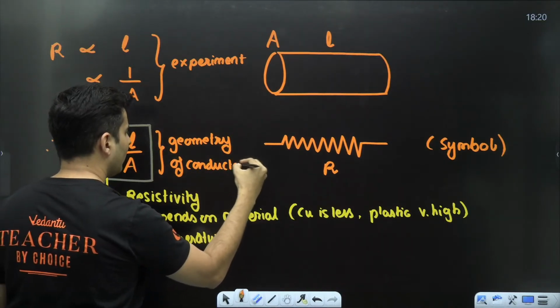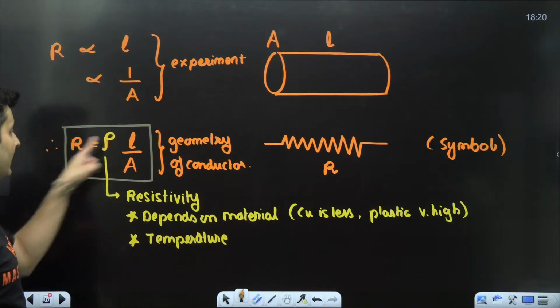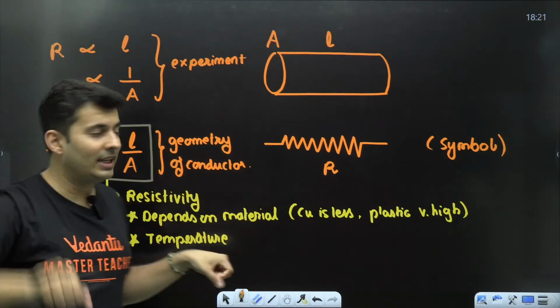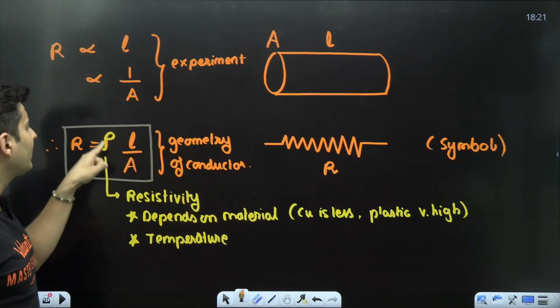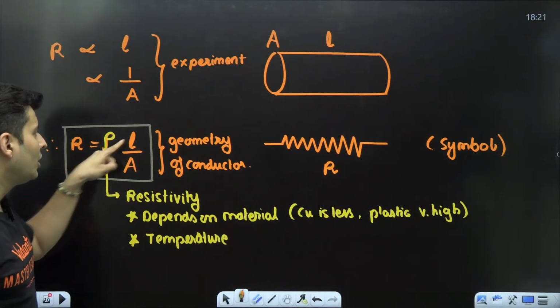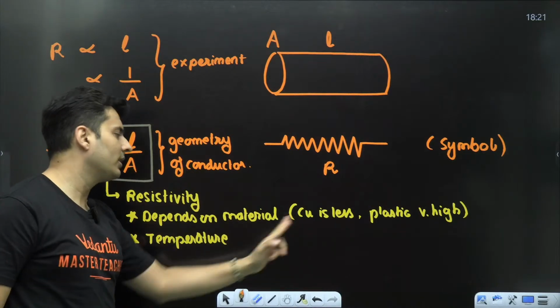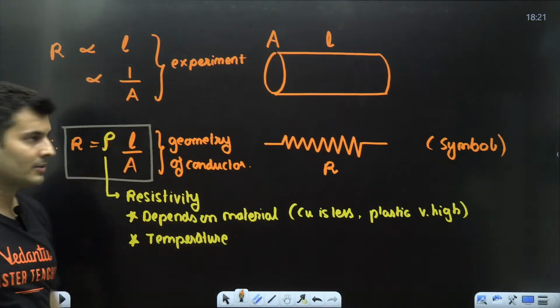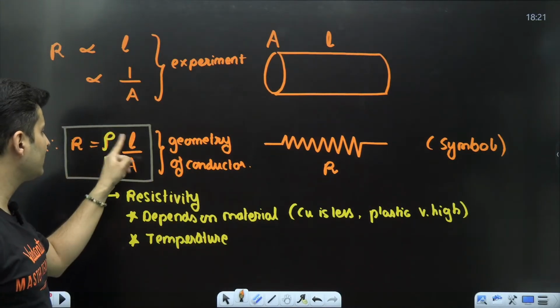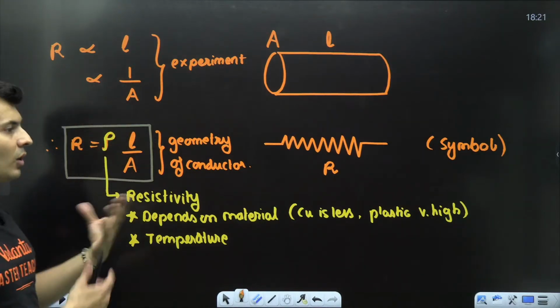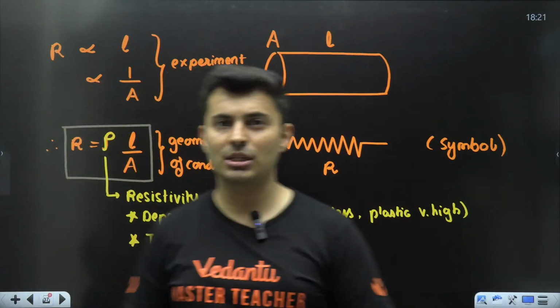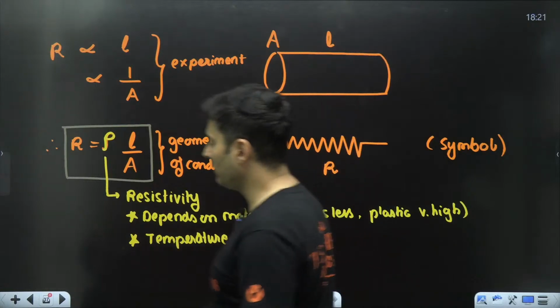All these things together define the resistance. Resistivity does not depend on the length. A lot of people think, sir, if length increases, resistivity decreases? No, if length increases, resistivity does not change. Resistivity only depends on the material and the temperature, nothing else. So in fact, rho will still be the same. If length increases, resistance will also increase. Keep that in mind. Okay, very, very crucial.